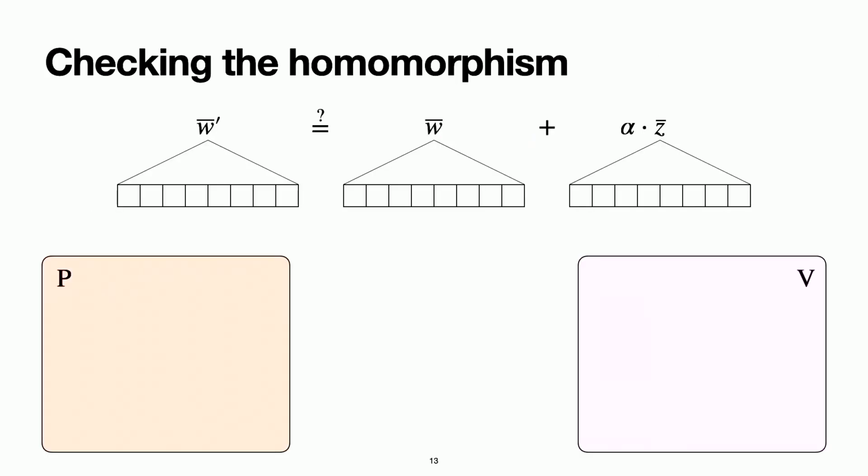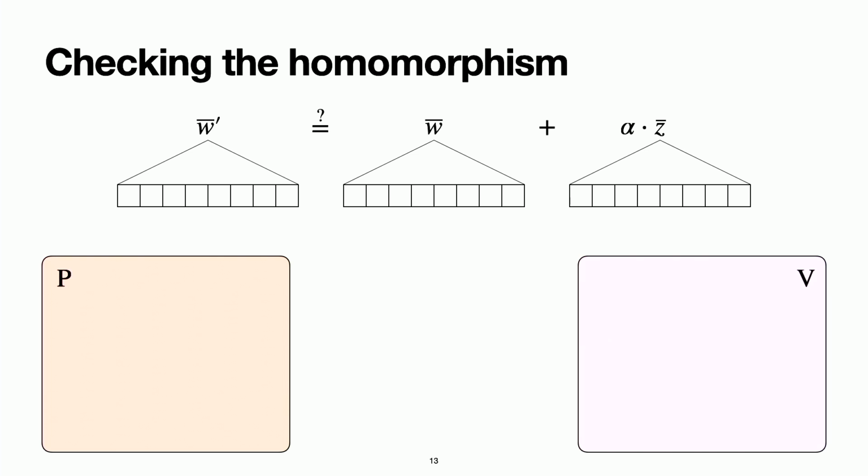And I'll give you the very high-level idea. Say I now have three vectors: this vector w, this vector z, and this vector w prime. And I want to check that w prime is equal to w plus alpha times z. Previously, I would use the homomorphism to check that this is correct, but now I can't do this anymore.